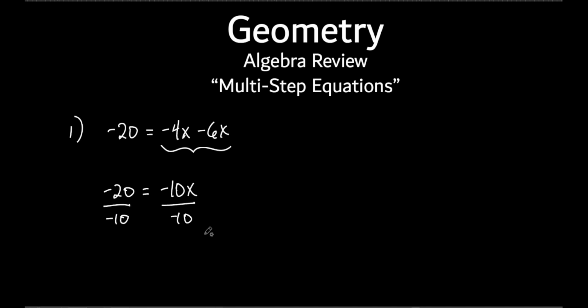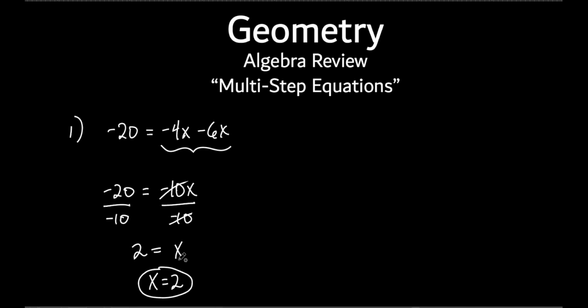Divide both sides by negative 10. That cancels. That cancels. X equals, what's negative divided by negative? Positive. 20 divided by 10 is 2. You can keep it like that if you want to, but I like to write it like that. I always like the variable to go first. So x equals 2. It's as easy as that.